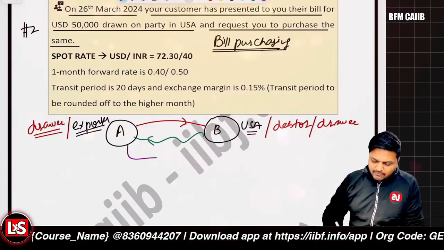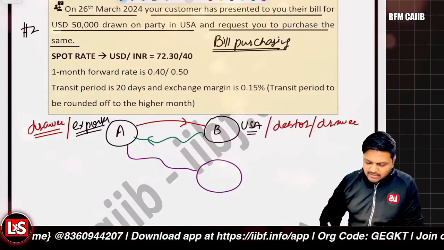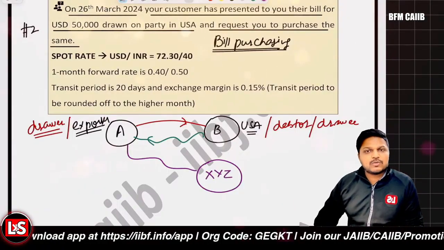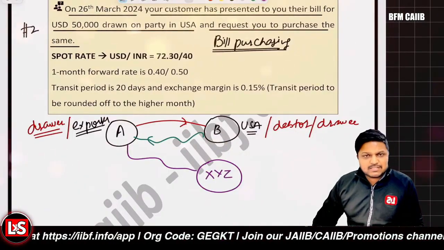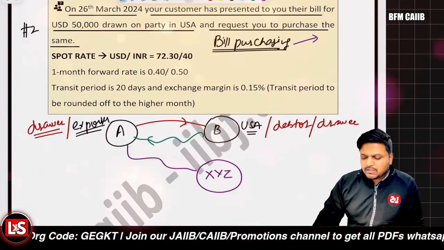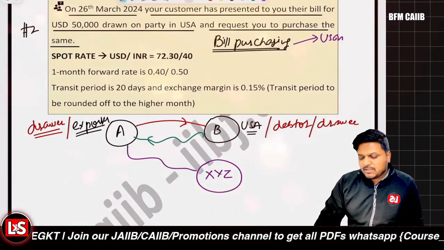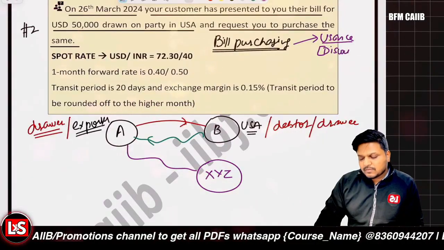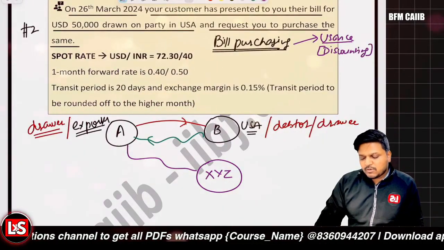So person A went to the bank, XYZ, and asked the bank to discount it or to purchase it. It's just about the nomenclature. When we're talking about the usance bill, the term used is discounting the bill.